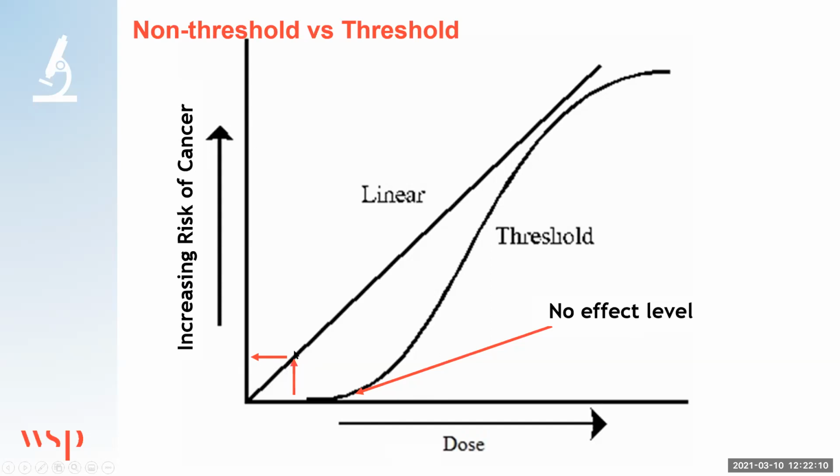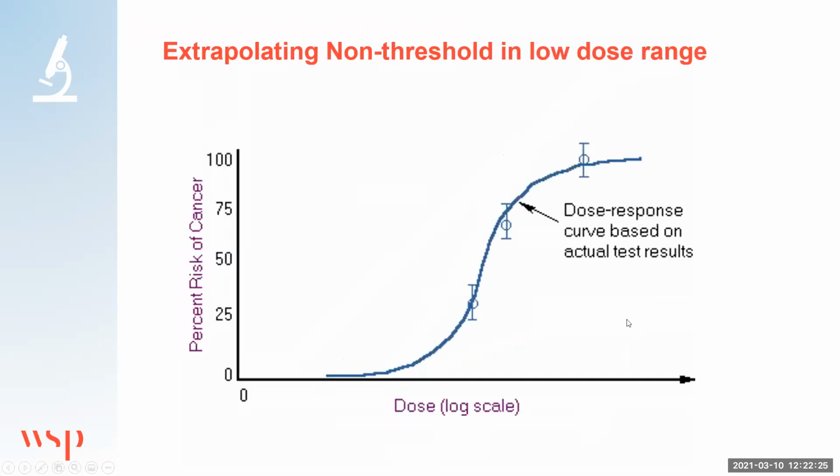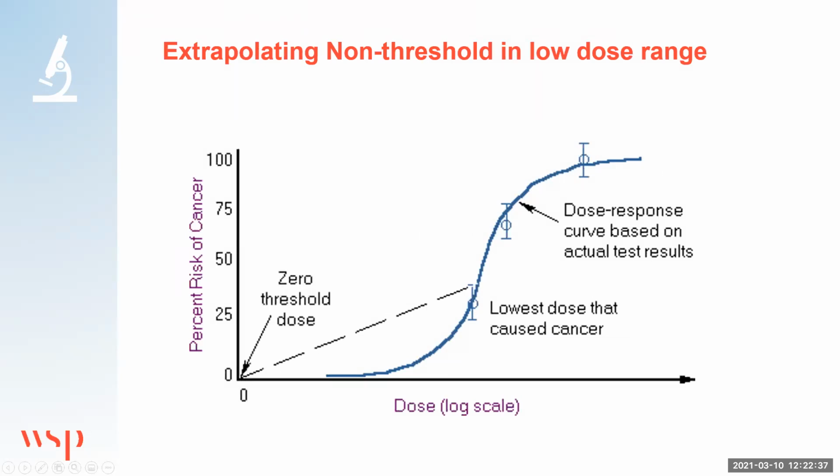And we often have to extrapolate into the low dose range from the actual experimental dose range. Say there are some dose points up here, we have to extrapolate down there, and I'll explain that a bit further in this slide. So here are the three dose points that are observed. This is the lowest dose that we witnessed that caused cancer. This is the extrapolation point, the line going through zero there.